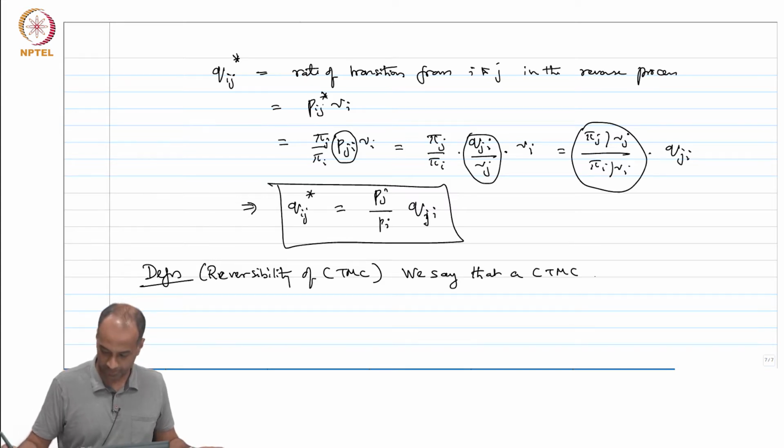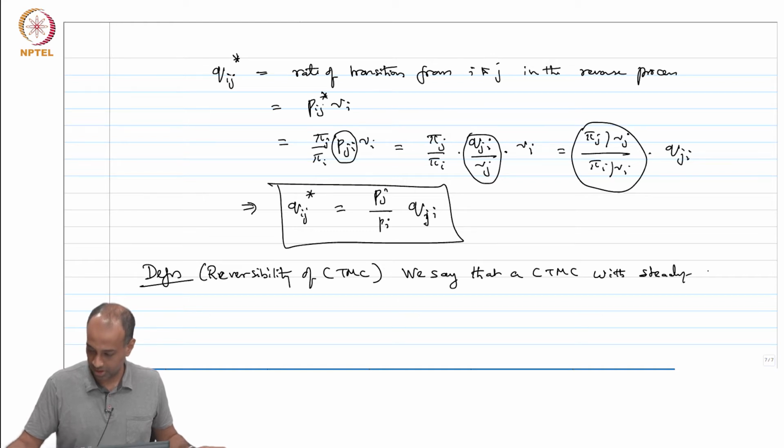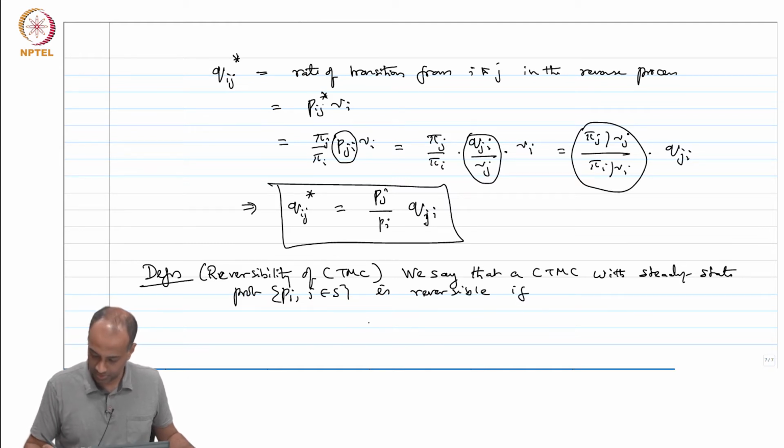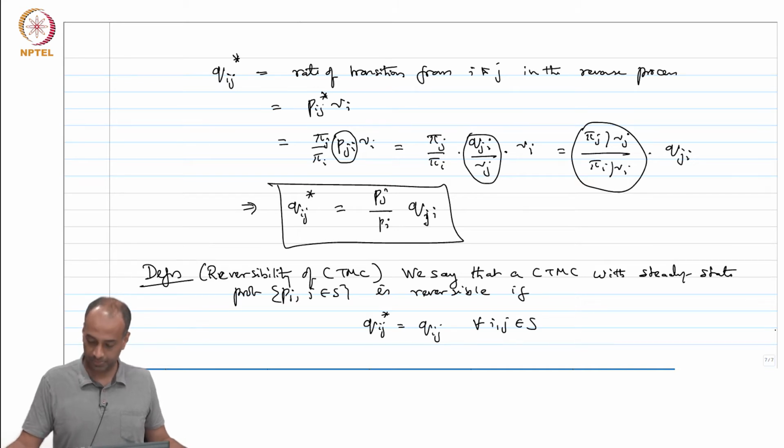A CTMC with steady state probabilities P j is reversible if q I j star is equal to q I j for all I, j in S, okay.